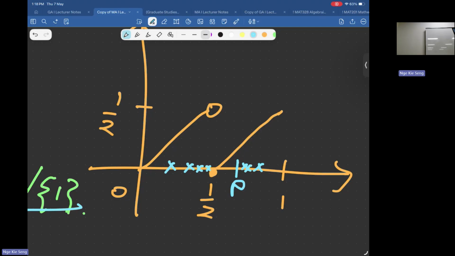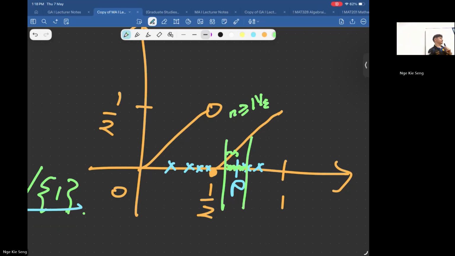You know why? Do you still remember the epsilon thing? You can pick N epsilon, but it depends on the epsilon I pick. So I can pick my epsilon away from half, so that for all n greater than or equal to N epsilon, all my terms will live inside this epsilon string, avoiding half.